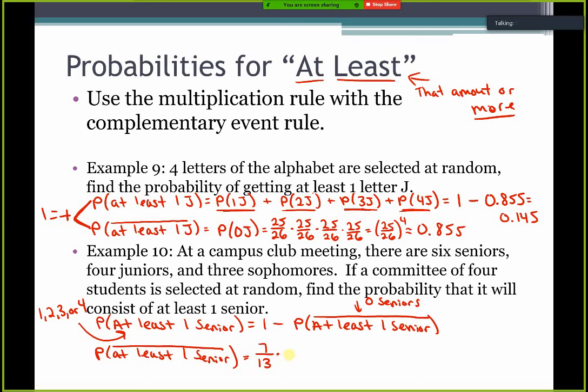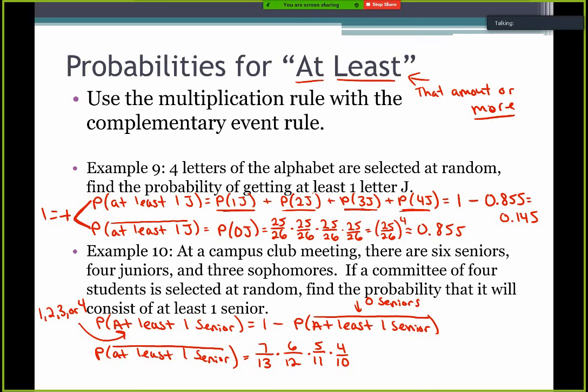If I'm choosing a committee, can I pick the same person for all 4 spots? No, I can't. So, the next fraction would be 6 out of 12. Now I'd have 5 out of 11, and I would have 4 out of 10.